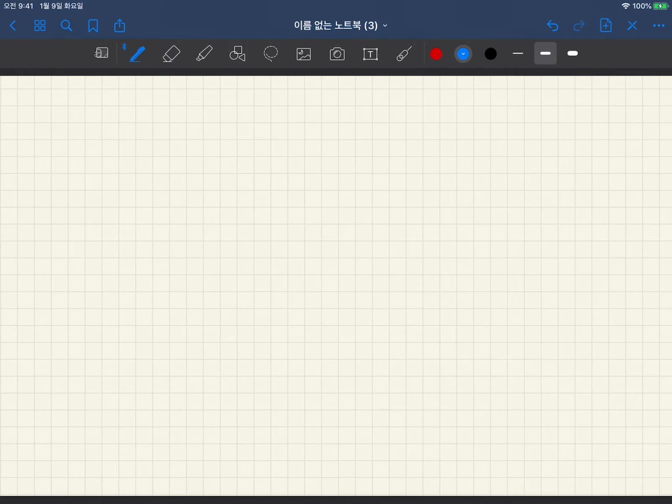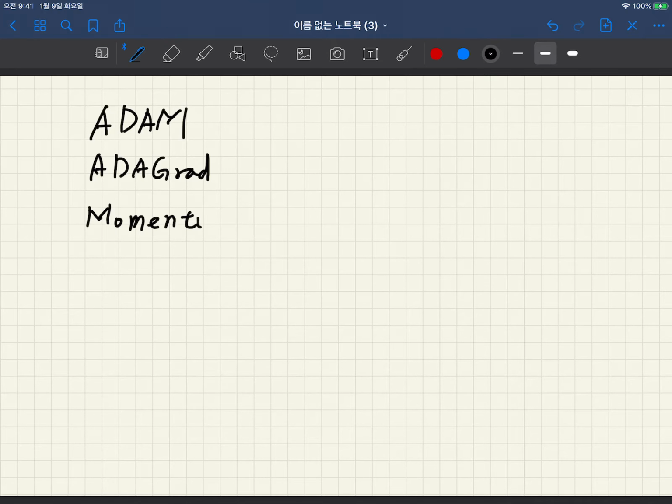To overcome this type of issue, a few years back, there were some interesting ideas called Adagrad, momentum, RMSprop, among others.